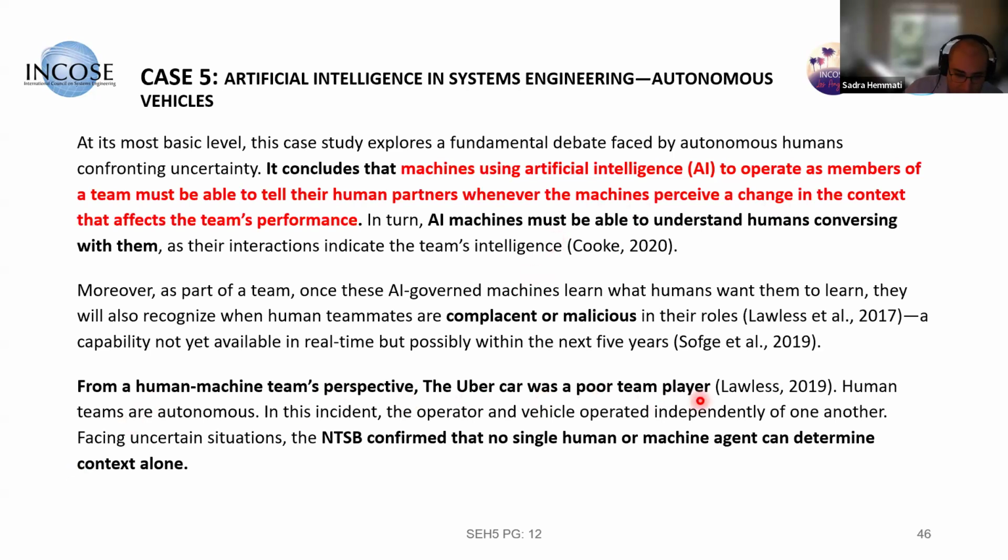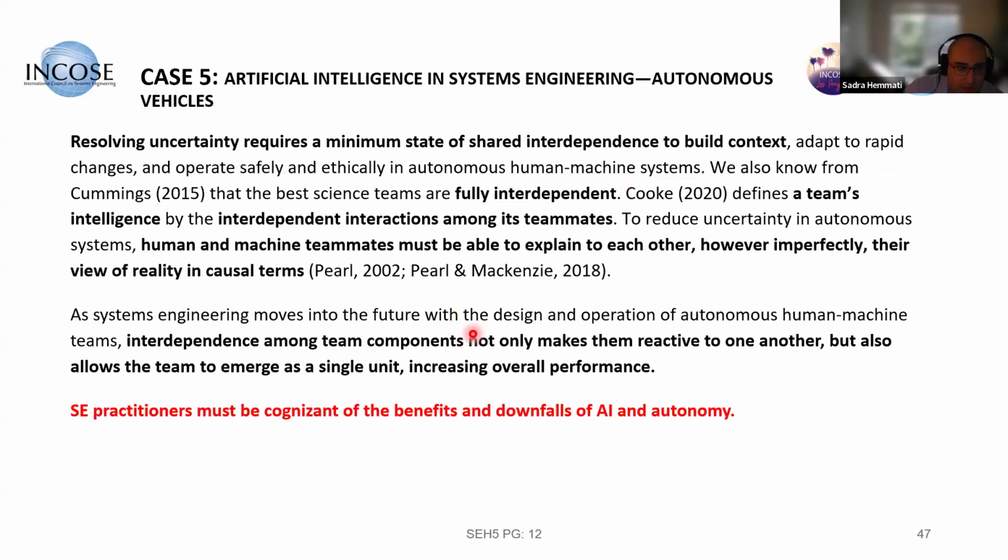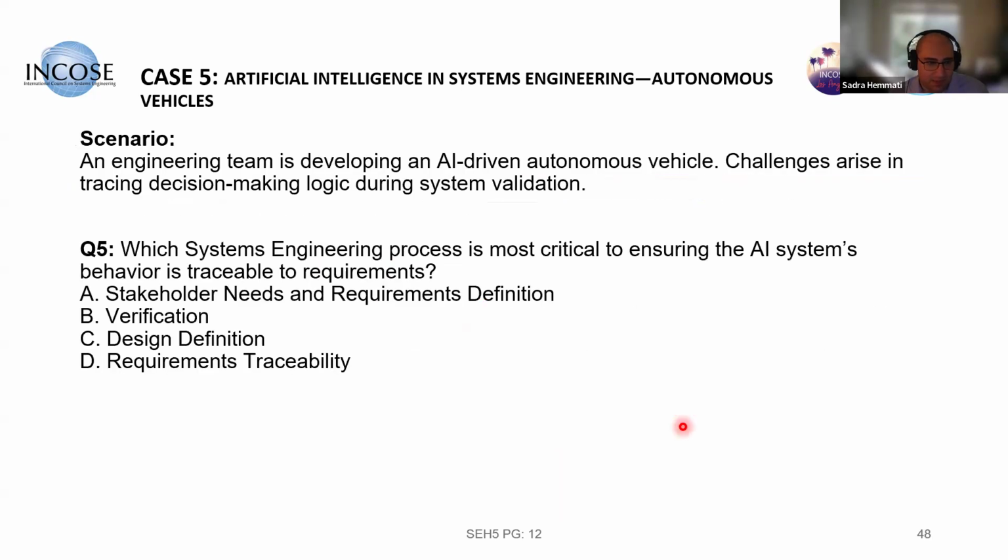It's saying the Uber car was a poor team player, and interdependent interactions among teammates are important. And for SE practitioners, we must be cognizant of the benefits and downfalls of AI autonomy. It's making things more complicated, and there should be some preparation for that.